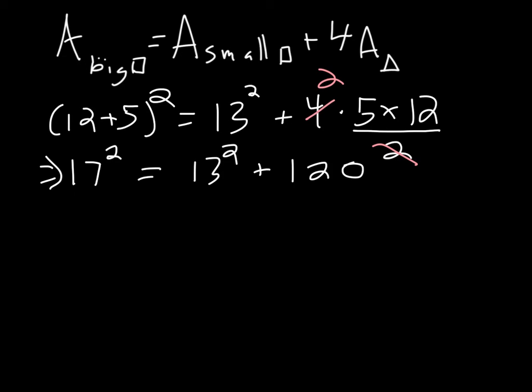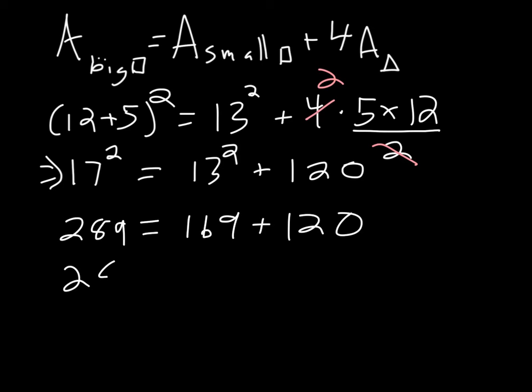So 17 squared is 289. You can check that if you like. And 13 squared is 169 plus 120. And look, both sides equal. So we're good to go.